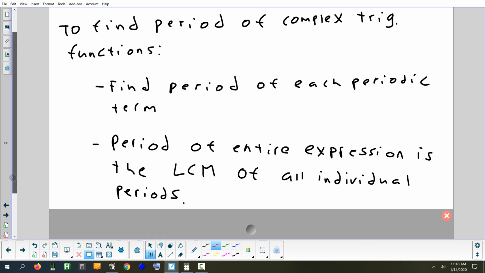So let's say you had a term with a period of 3 pi, and you had another one with a period of 4 pi. What's the least common multiple of 3 pi and 4 pi? How much? 12 pi, yeah. So if you had a term that had a period of 3 pi, another one that had a period of 4 pi, the least common multiple is 12 pi.